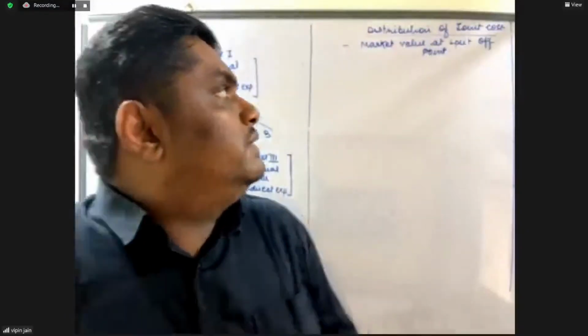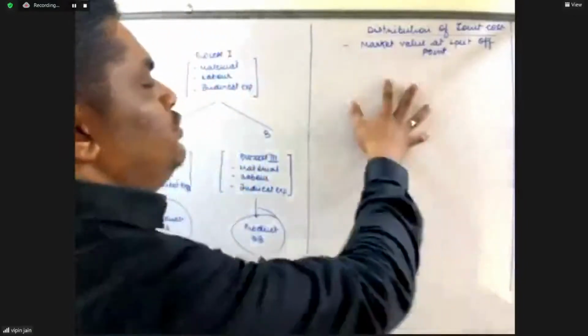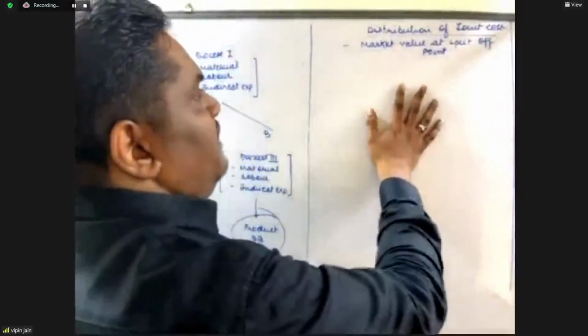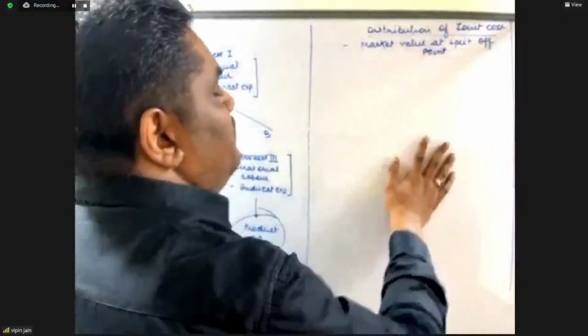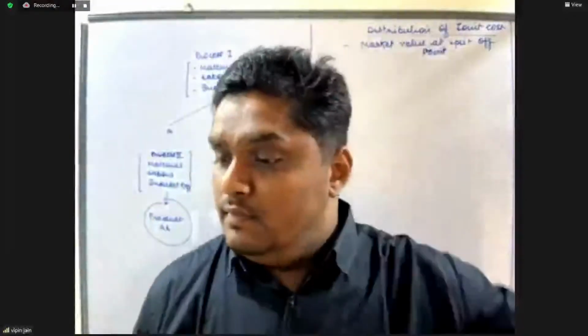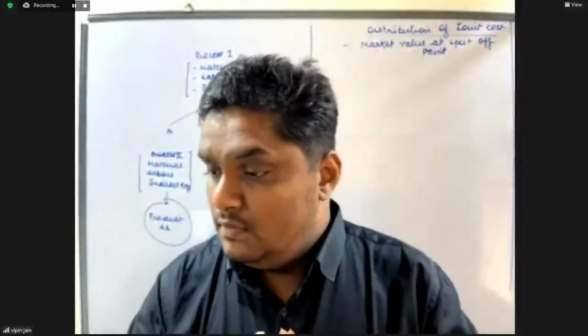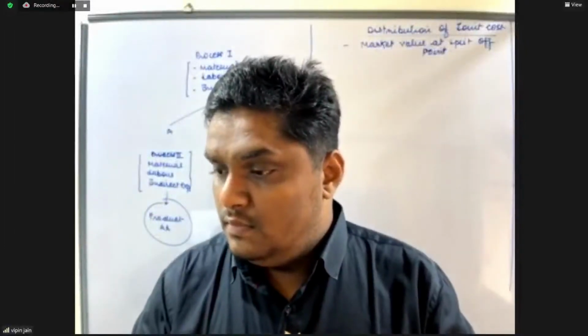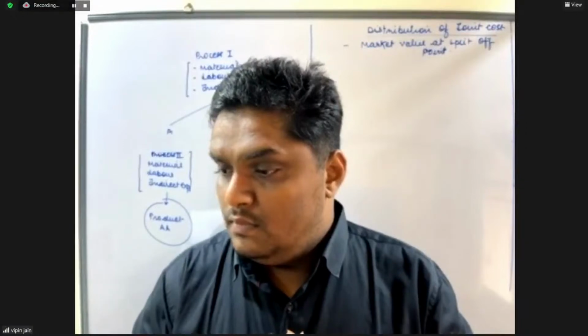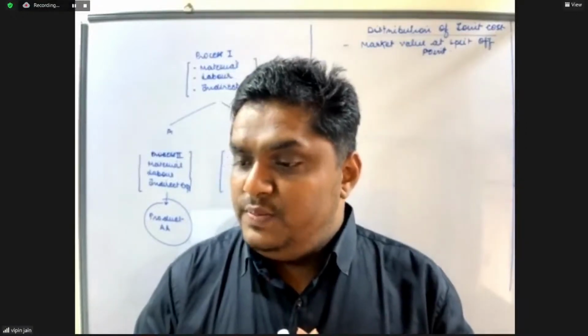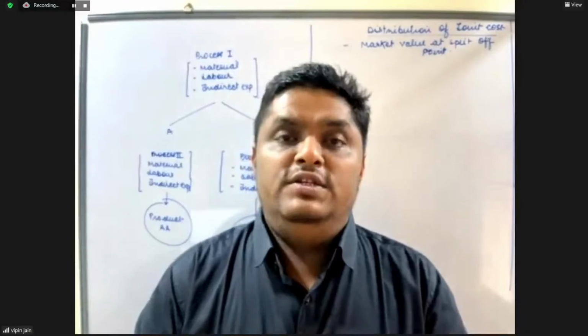So now this is the best way to distribute the joint cost when the question is silent. So the market value at split off point is the best approach. Now, I'll be covering this part also. Let me complete the explanation.